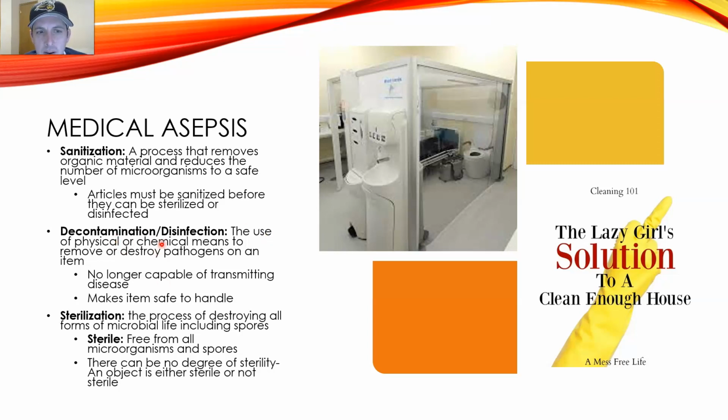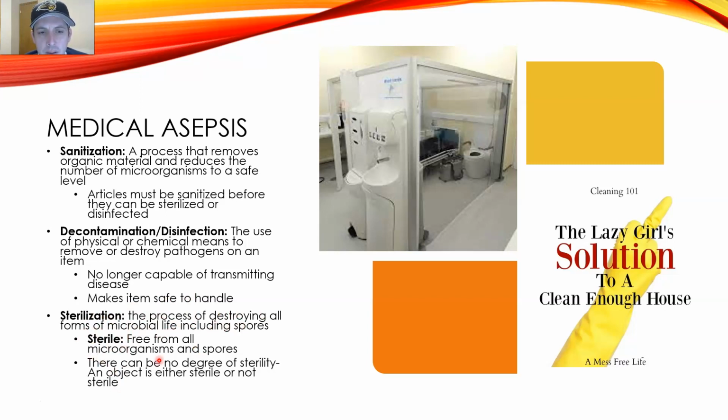The next level there is going to be decontamination or disinfection. This is a physical or chemical means used to destroy pathogens, but it makes them safe to handle, but it does not include killing of spores, and we'll talk about what that means later. And then sterilization, the process of destroying all forms of microbial life, including spores.